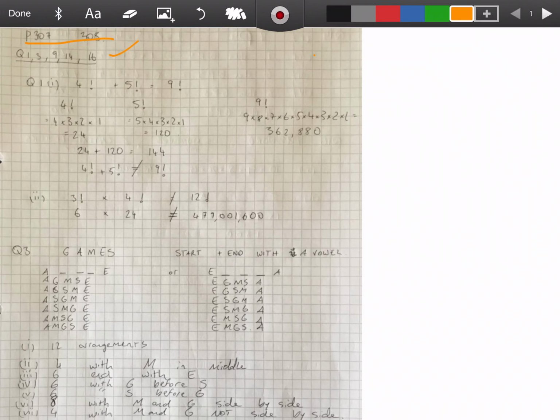So, first question, a simple investigation. It gives you a statement and you have to figure out whether it's correct or not. When we have this little exclamation mark, it means factorial. So we've got 4 factorial, for example. That means we multiply it out step by step all the way down to 1.